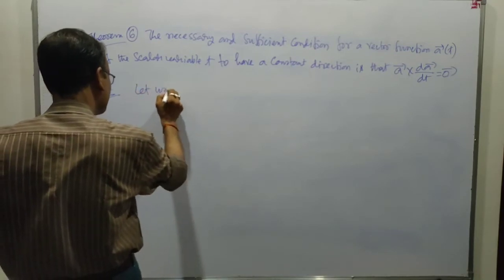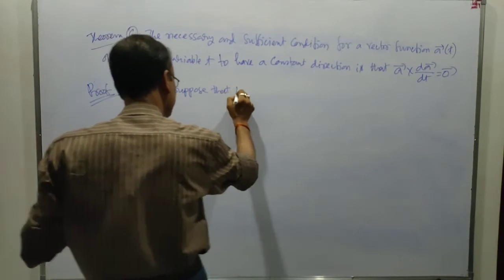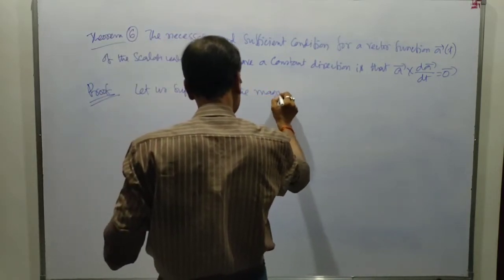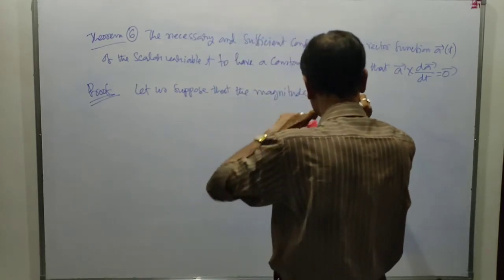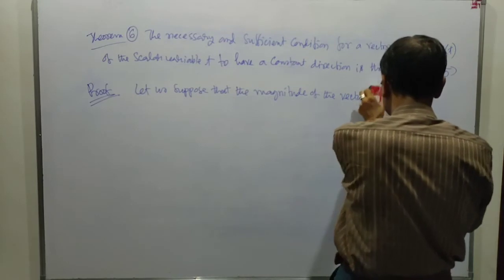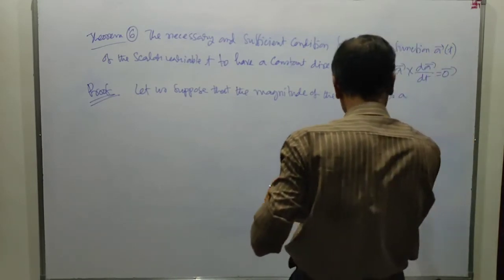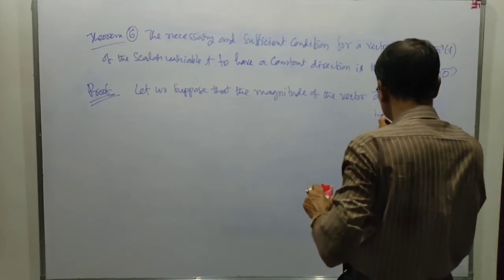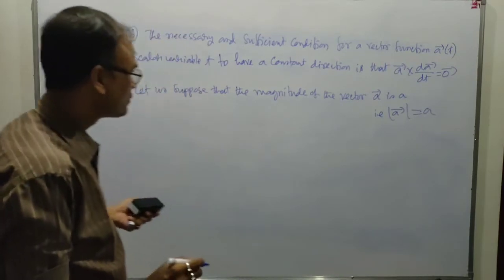Let us suppose that the magnitude of the vector A is A. That is, the modulus of A vector is equal to A. We have supposed this.